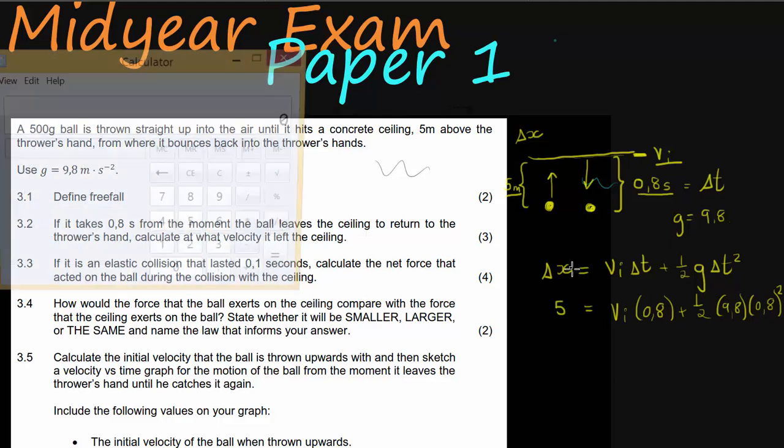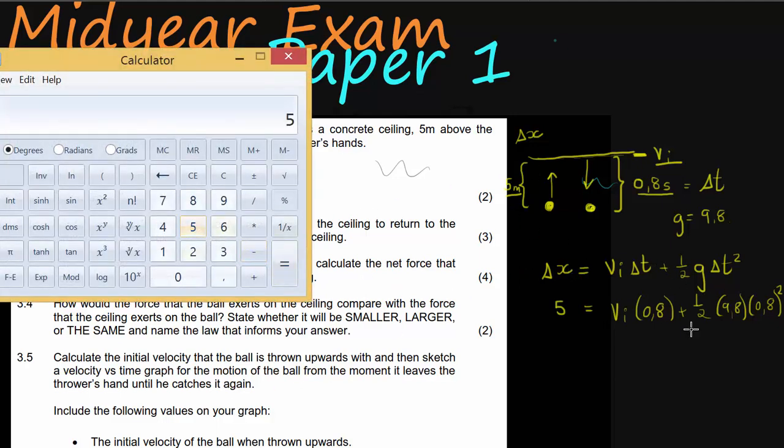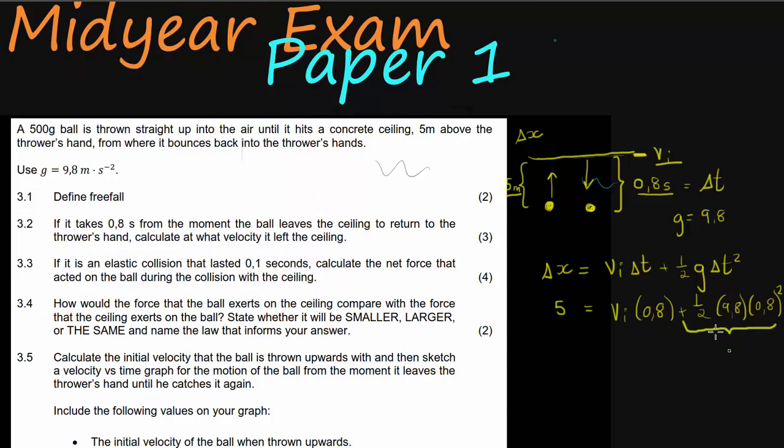Let's put that in a calculator. Sorry, actually, they tell us to use 9.8, and this is very important, I forgot that. 9.8 is my acceleration, and it's positive.